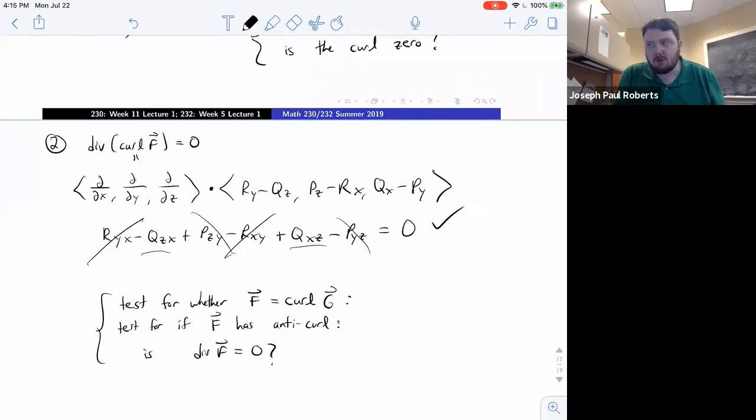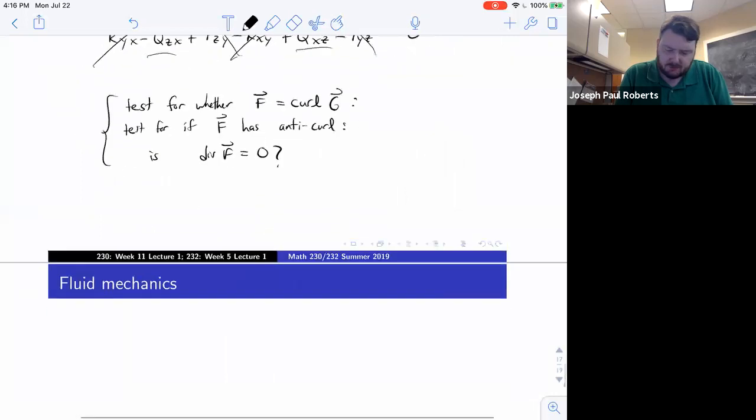The only way you could possibly be the curl of something is if your divergence is 0. So we're not going to worry as much about anti-curls. Anti-gradients are going to be very important for us. We're going to be calculating them a lot. You already have been calculating them a lot. Anti-curl is not something we're going to calculate, but I will mention it in a few minutes. So that's on a couple homework questions.